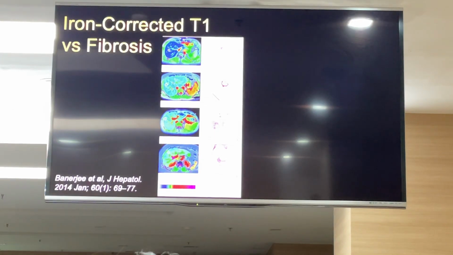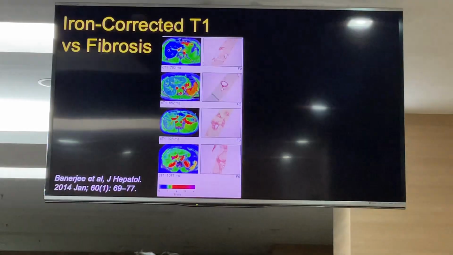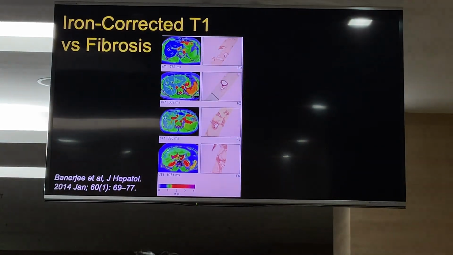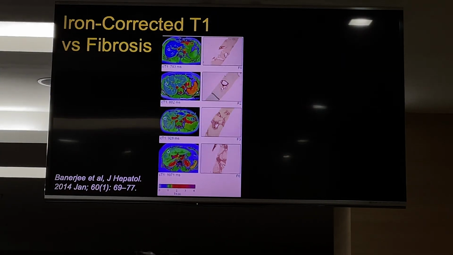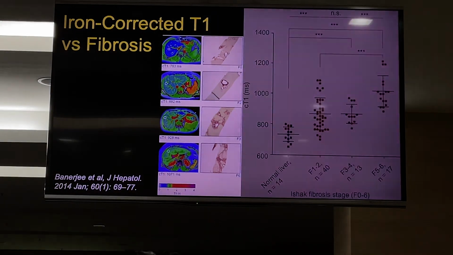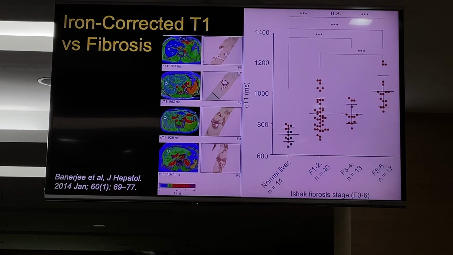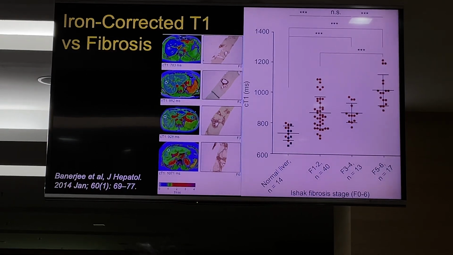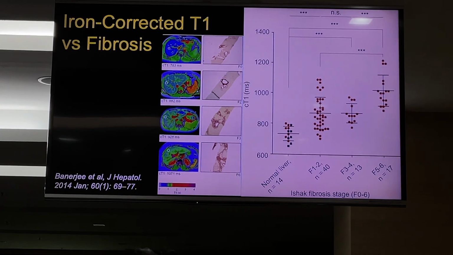So here's an example of these T1 or corrected T1 maps where the T1 value goes up with increasing fibrosis. And so this T1-based method has been proposed and actually commercialized as an approach to detect fibrosis or actually fibroinflammation.